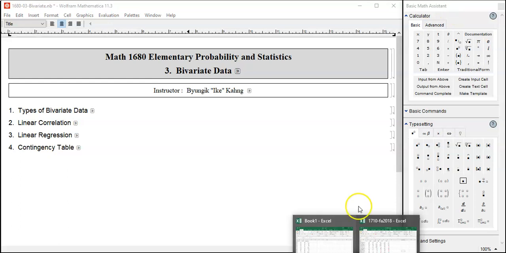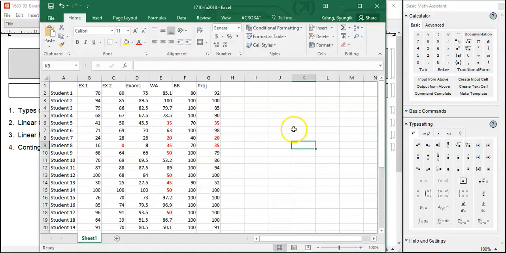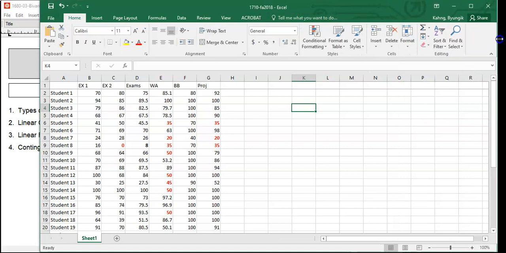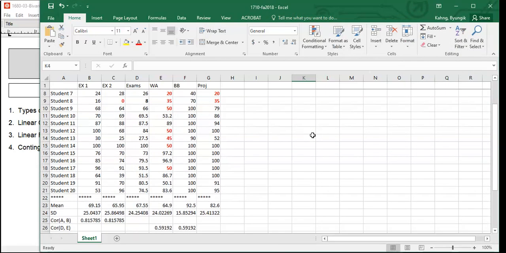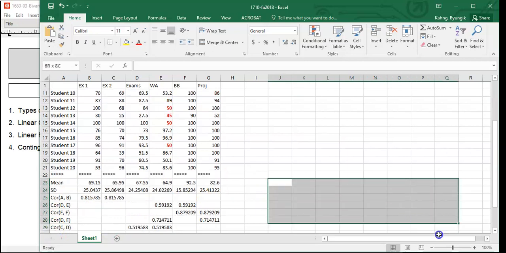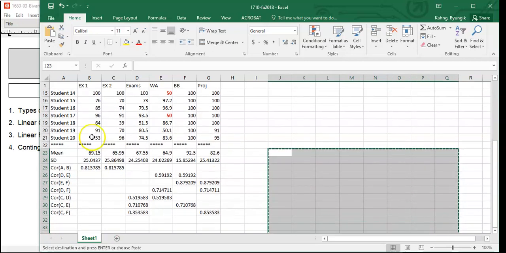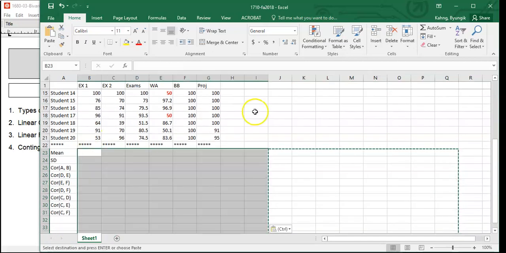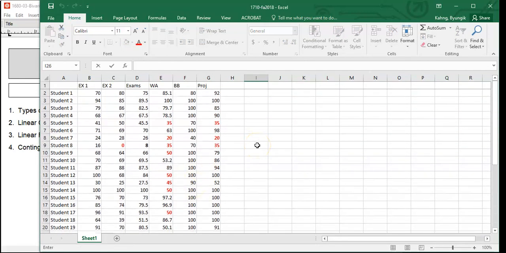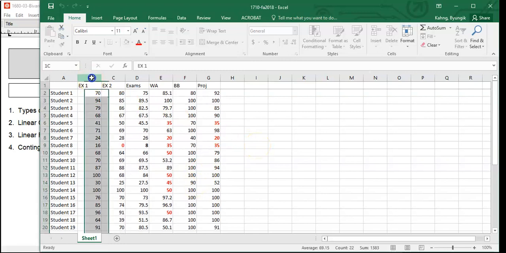Okay, let's open up MS Excel here. Okay, let's consider exam 1 and exam 2 together.